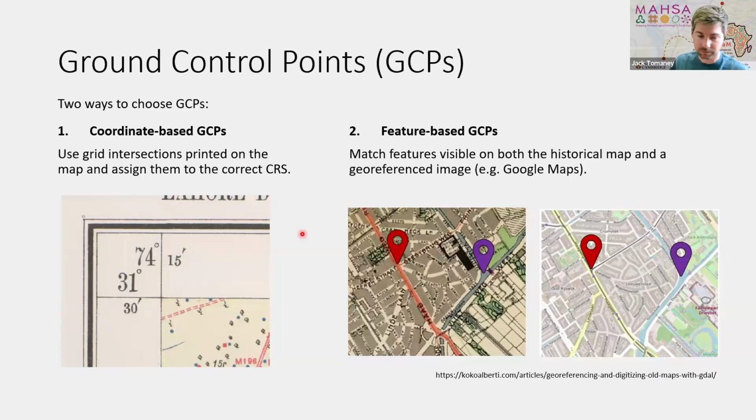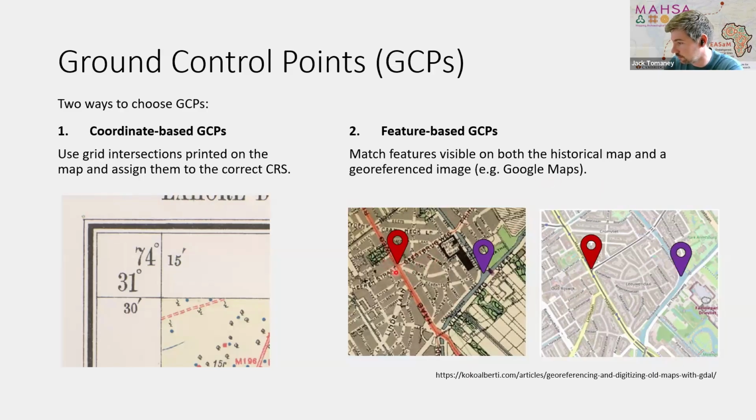The second way of obtaining ground control points is by using feature-based GCPs. This is where we match features that are visible both on the historic map and on an already georeferenced image, such as Google Maps or OpenStreetMap. As you can see in these images here, the 2 red marks are the same location.